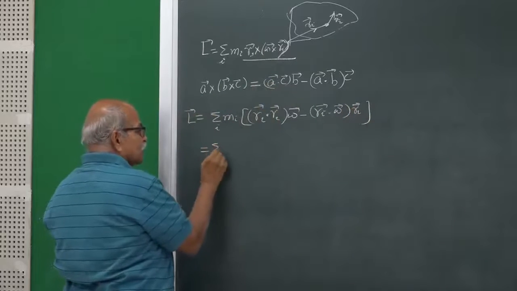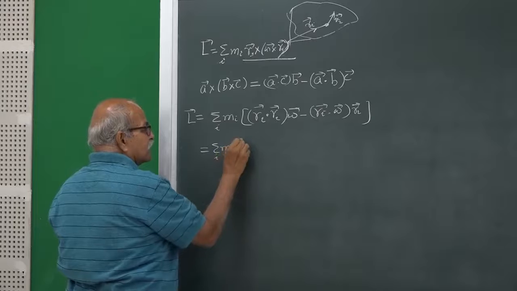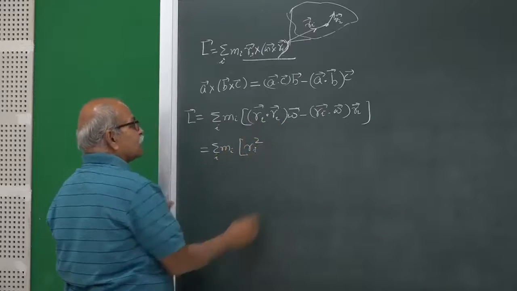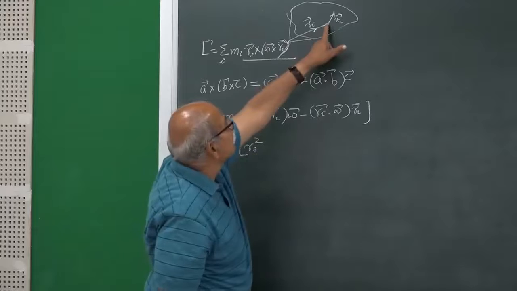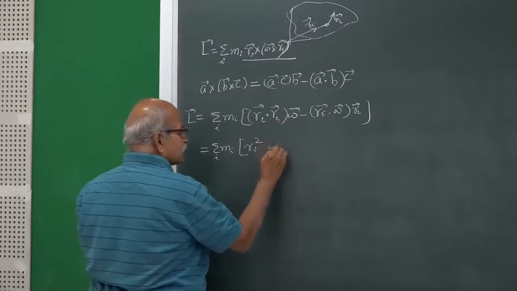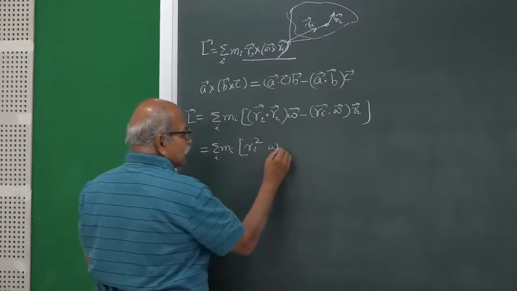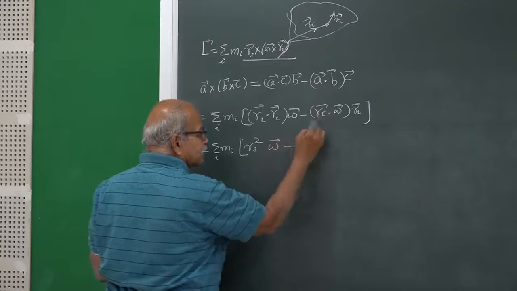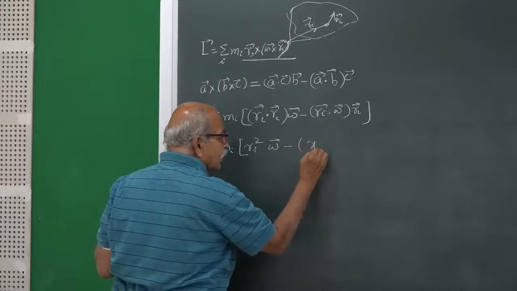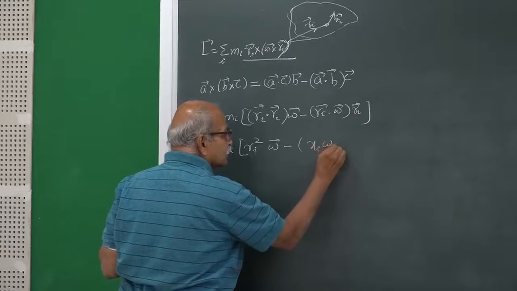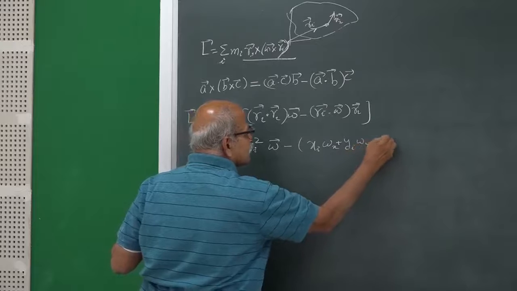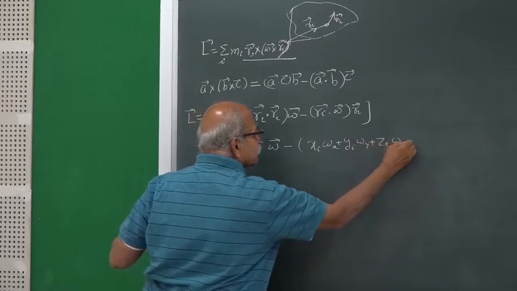This is equal to summation over I m I, and this is r I square, and what is r I? Is the distance of the particle from the origin, and then omega. So, this is omega, and here it is x I omega x plus y I omega y plus z I omega z.